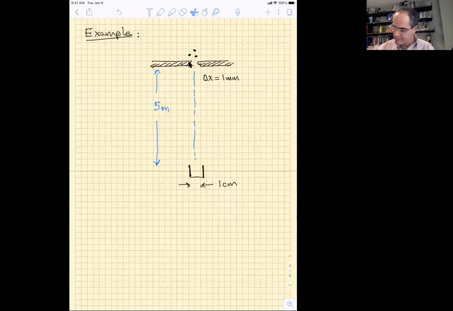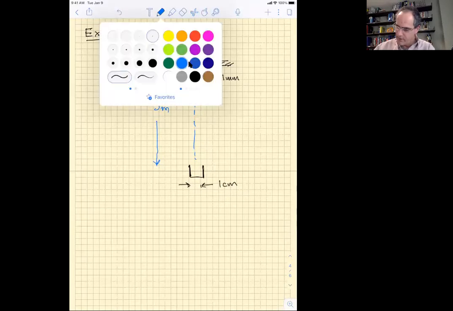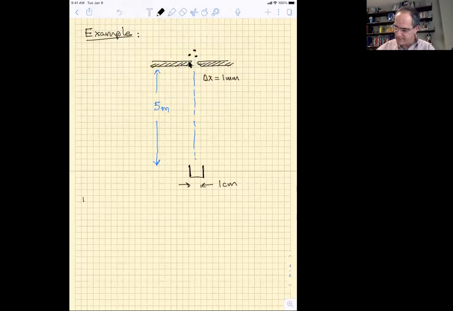Let's take a look. So when the electrons start their trip, they start with an uncertainty in their lateral position of 1 millimeter. Okay? And because of that, we know that they have an uncertainty in their velocity, which will be h bar over 2m delta x0, okay?